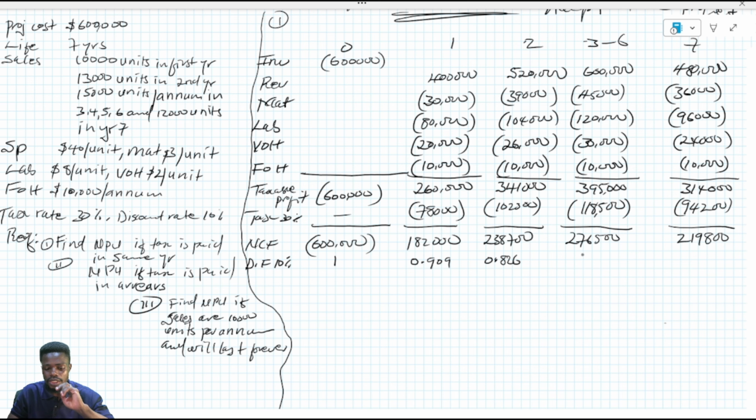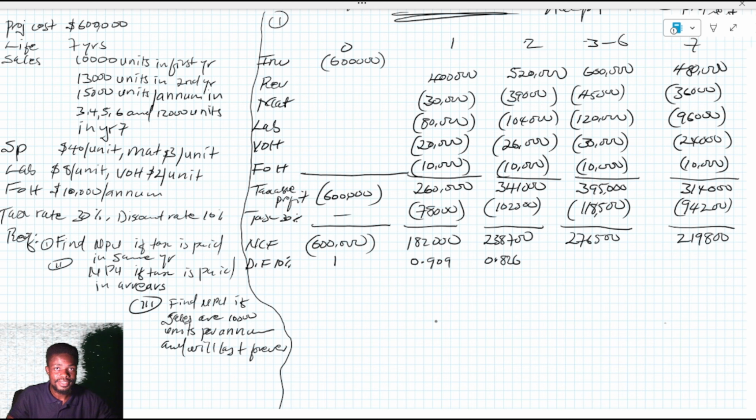But look what will happen. So you go to your annuity factor for year six. First you're going to say year six.